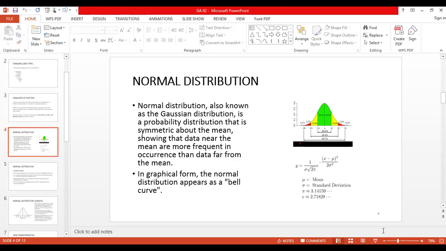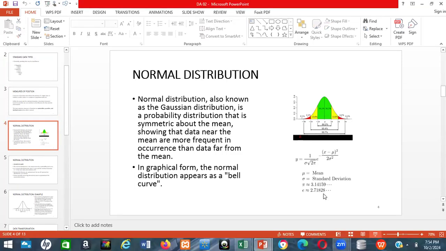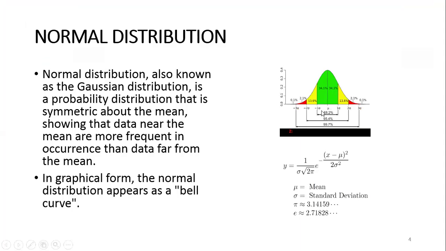let's expand this so you can see something. Okay, you can see that the z-score transformation is based on the normal distribution. In a normal distribution, most of the data cluster around the center.